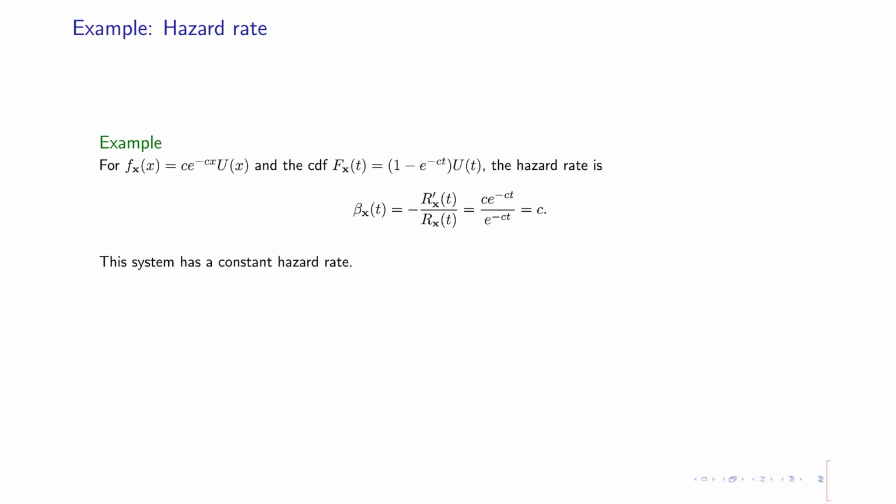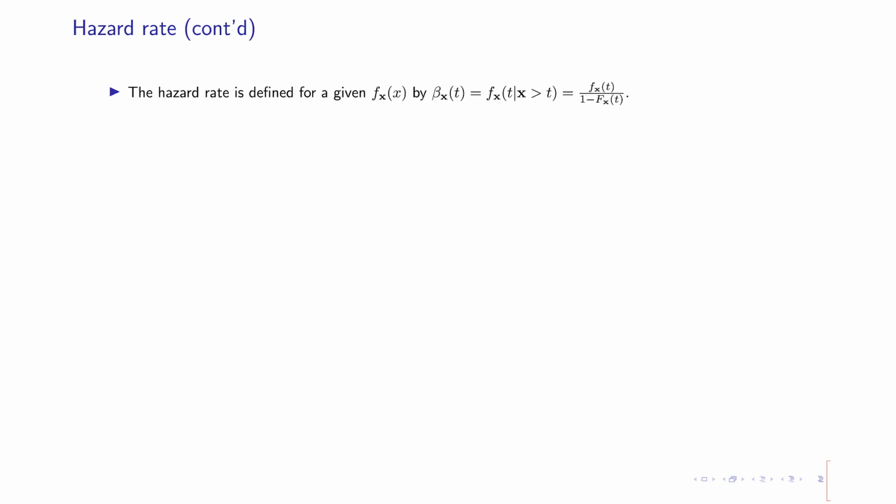The hazard rate is calculated from this expression, where you see that R_X(t) is equal to 1 minus F_X(t). So using the distribution you can calculate the hazard rate. But we'll see that the distribution also can be calculated using the hazard rate. The hazard rate is always not negative, it is positive. The hazard rate is defined by this expression.